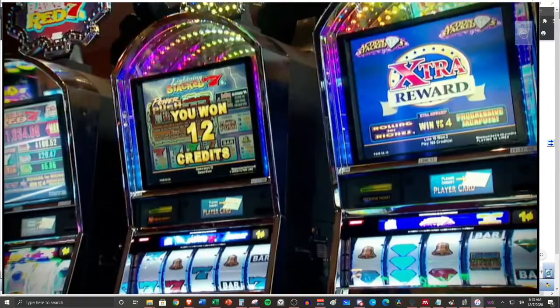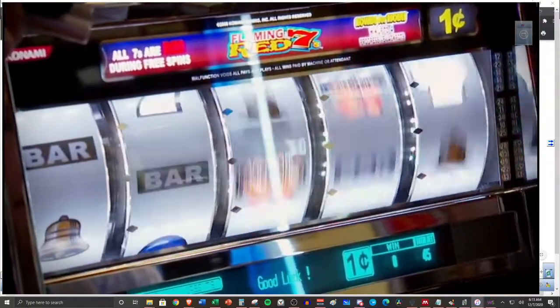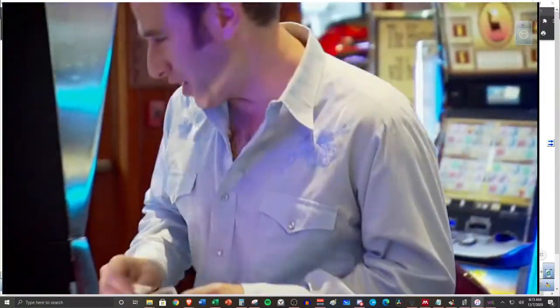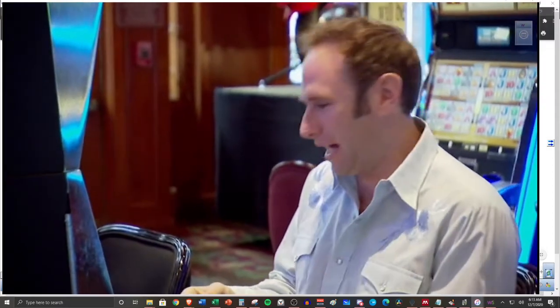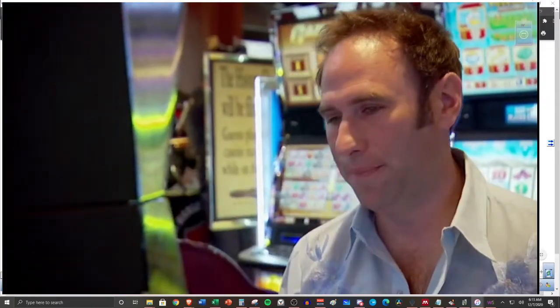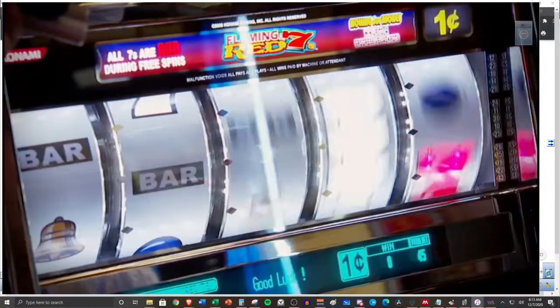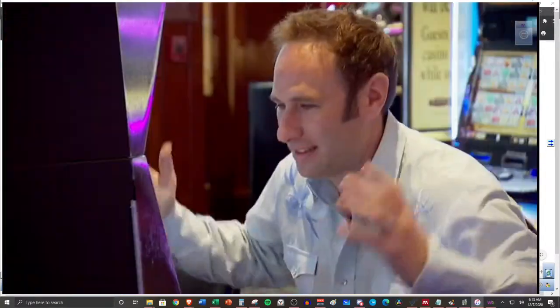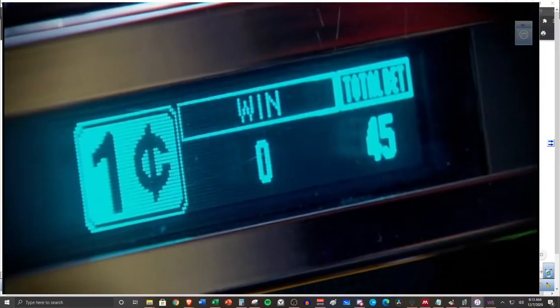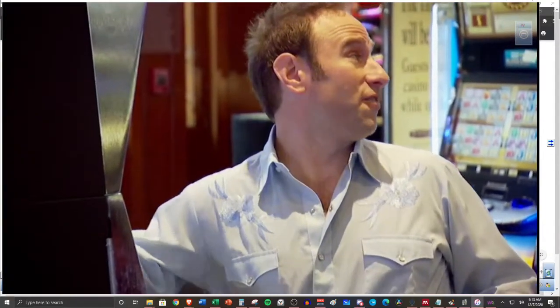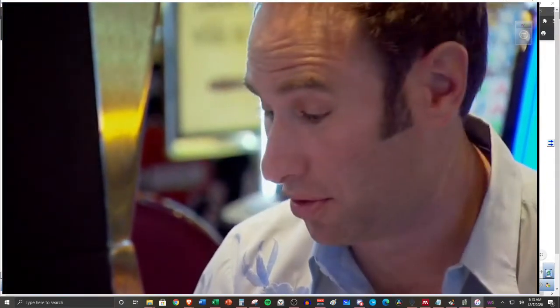Reverse psychology. First stop, the penny slots, the most popular game on the casino floor. Penny for your thoughts? How about a penny for my jackpot? Pal, this is it. I'm gonna get rich right here. What? I think this thing is defective. I'm starting to hate this music, too.